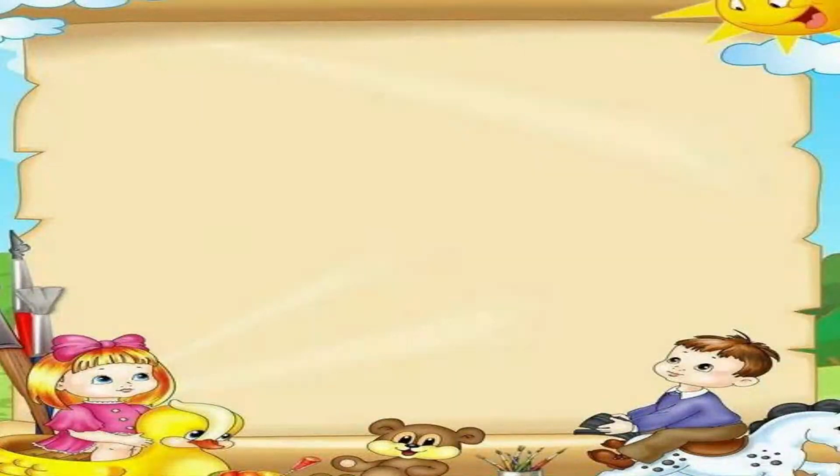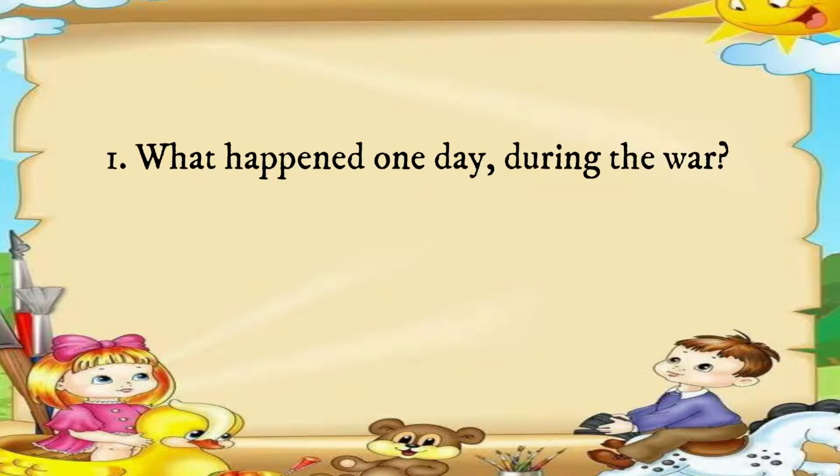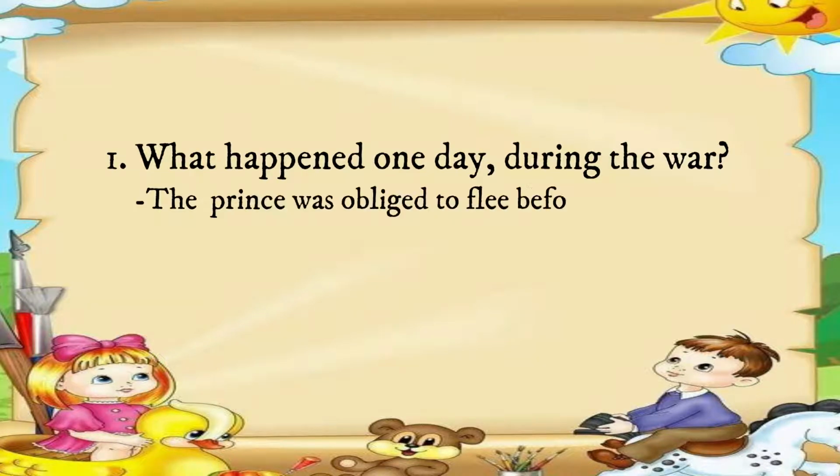Let's see if you understood our story by answering these questions. Number 1. What happened one day during the war? The prince was obliged to flee before the enemy.